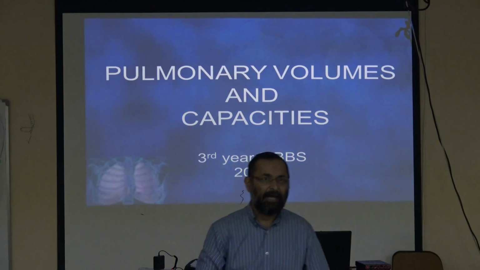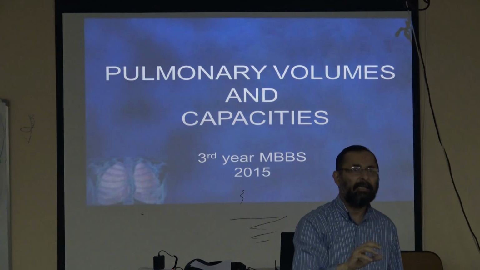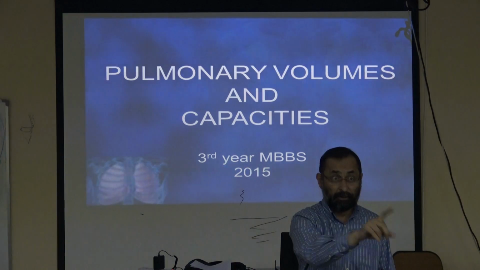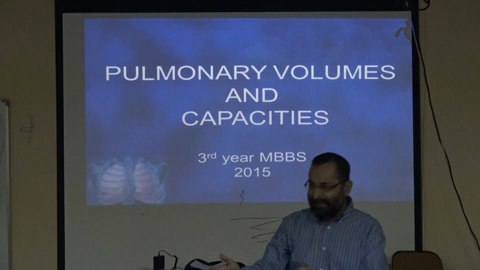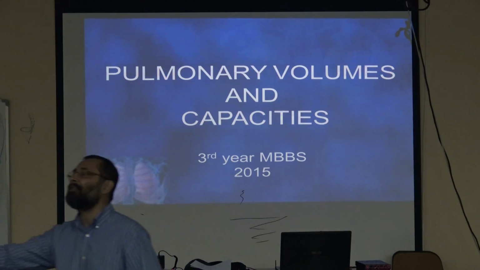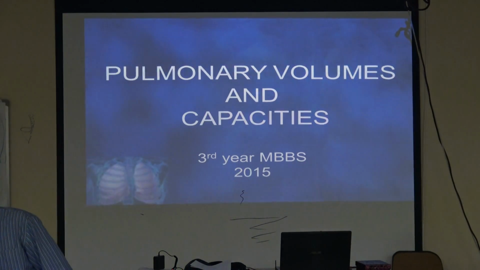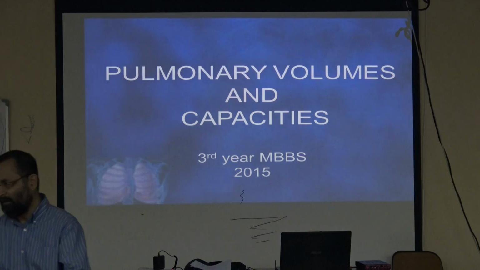It's very easy. If your weight is 140 pounds, not in kilos, I'm saying pounds, then your dead space volume is approximately matching your weight in pounds. That's easy to remember, really, isn't it?